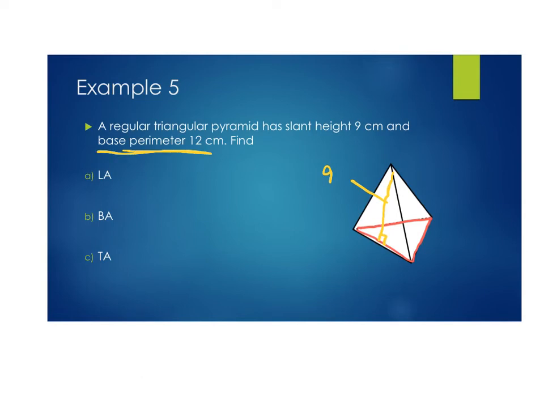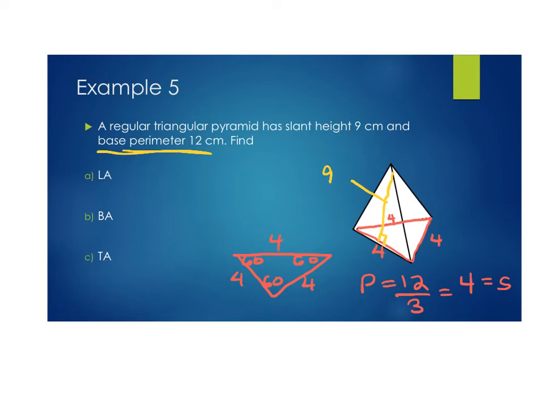So my base again, remember, is this equilateral triangle, 60, 60, 60. If the entire perimeter is 12, and I have 3 sides in my triangle, I can divide it by 3, and that's going to give me the length of each side, which is going to be 4. So 4, 4, and 4 will go here.